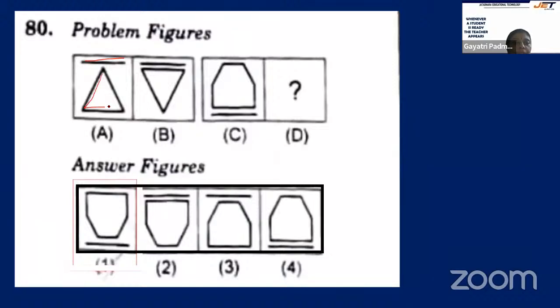And now the next figure says the triangle is facing upside down. That is, it is being shown the other way. So what happens? This part comes down and this part goes up, but your line remains the same. All right, now with this base, you have the third figure whereby you have a 6 sided figure and your line is down.